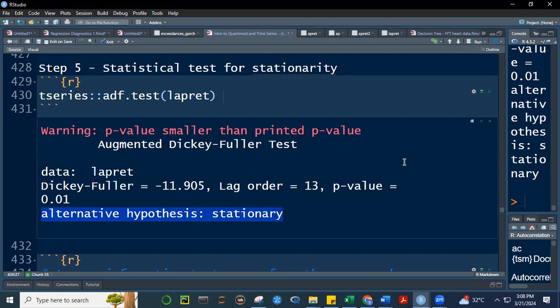Therefore, the null hypothesis is that the time series is not stationary. We have this Dickey-Fuller statistic of negative 11.905, where the p-value is 0.01. Since this is less than 0.05, we reject the null hypothesis that the time series is not stationary. So we can now conclude that log AppleRet is stationary.